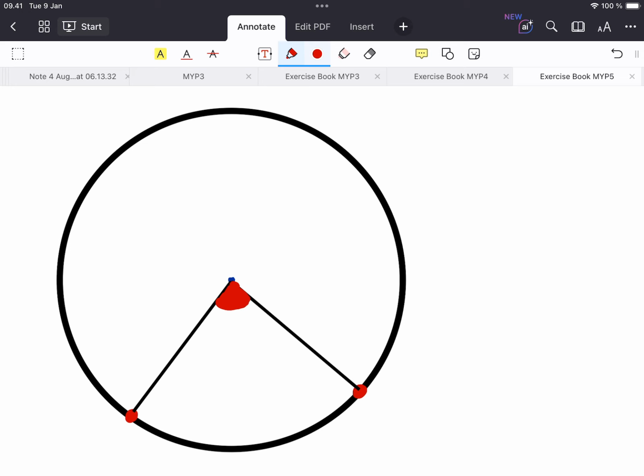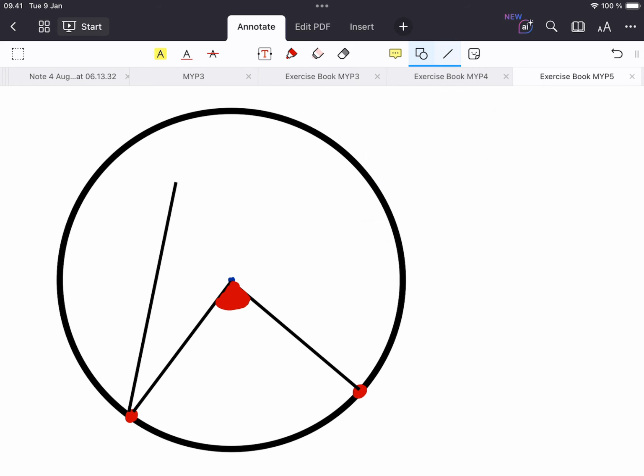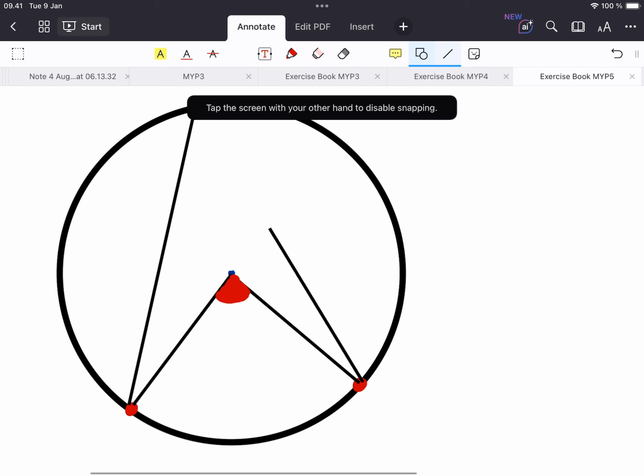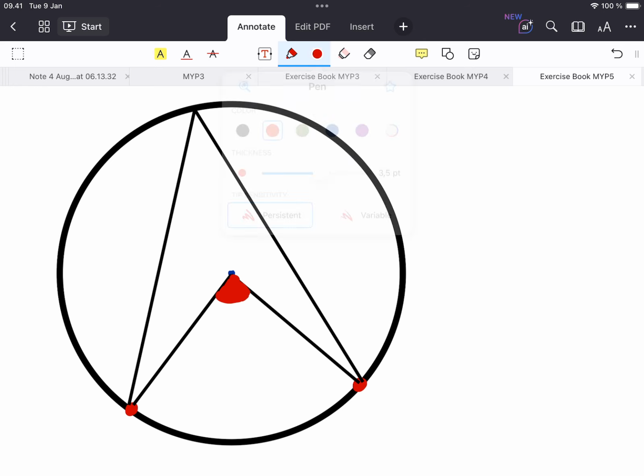Then take the same 2 points, and we're going to make an angle at the circumference. That there, and that there, and then that's making an angle, let's change color, up at the circumference.